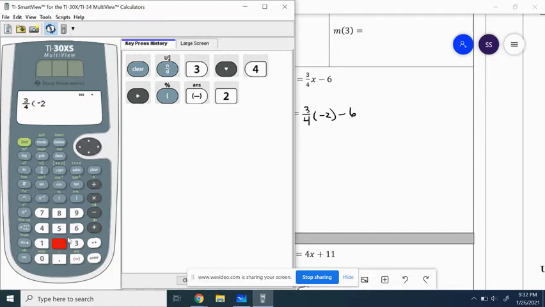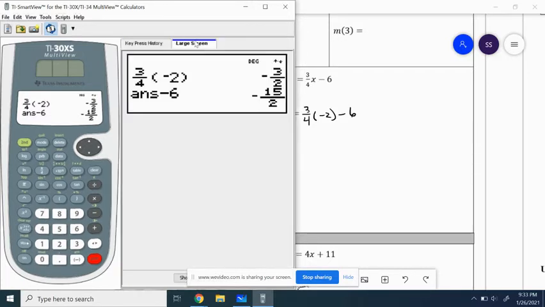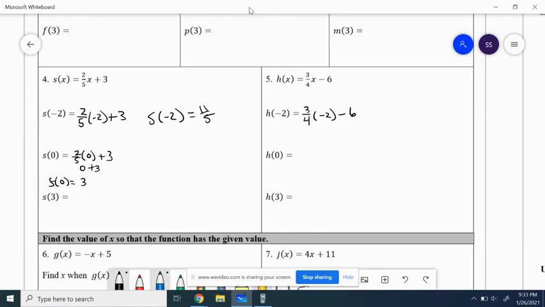So 3/4 times -2, press enter. That equals -3/2. And we still need to subtract 6, so we can do that here. -3/2 minus 6 is equal to -15/2. So my h of -2 is equal to, what do we get?